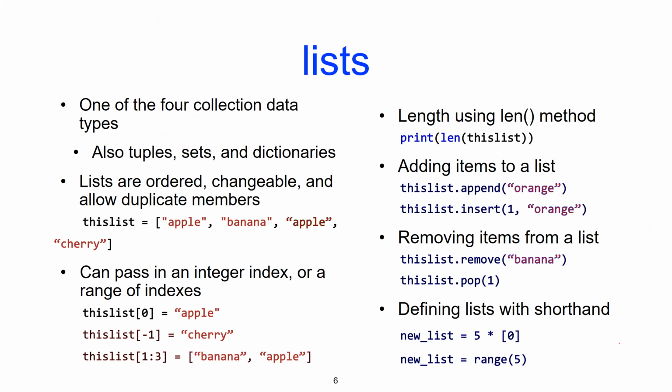So the next big chunk is to talk about 4 different collection types. We will have a list, a tuple, a set, and a dictionary.